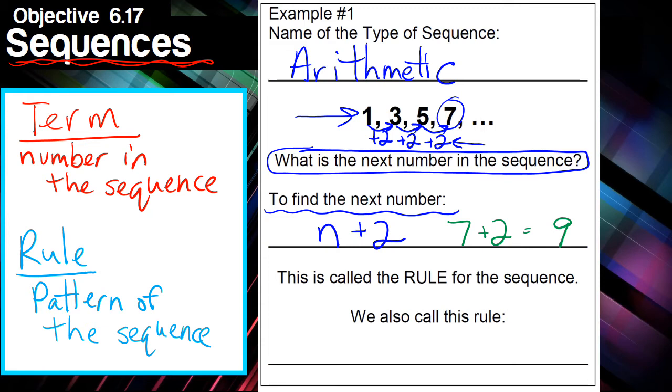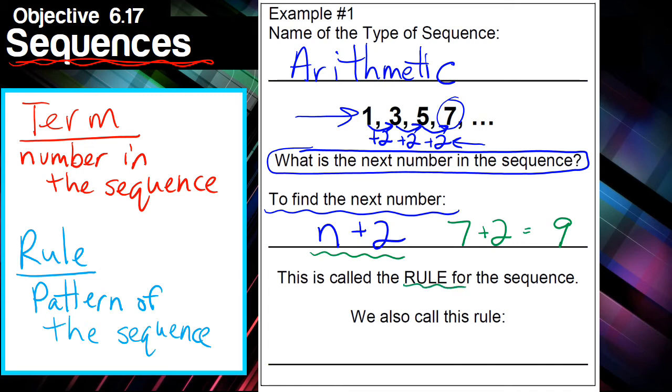We can keep that pattern going if we wanted to find the next number after 9 and the next number after that. We would just use a simple rule here, n plus 2. So we take the last term of the sequence to find the next number. This is our rule.